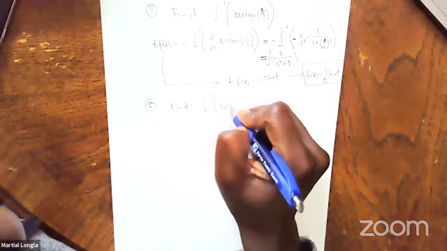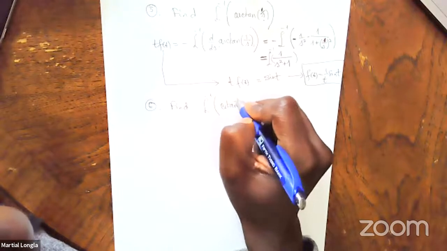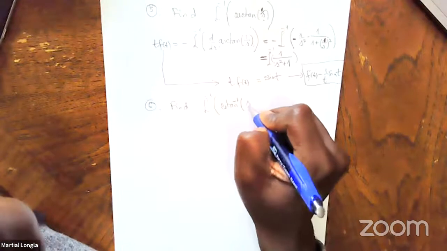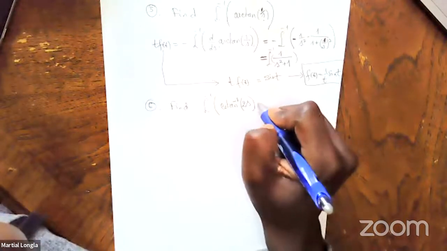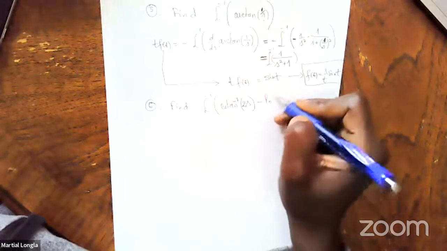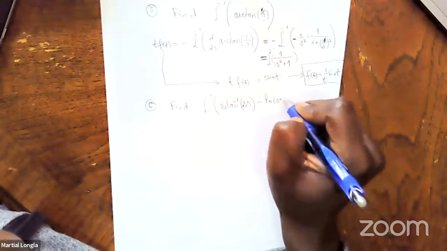Cotangent minus 1 of 2s minus natural log of s plus 1.